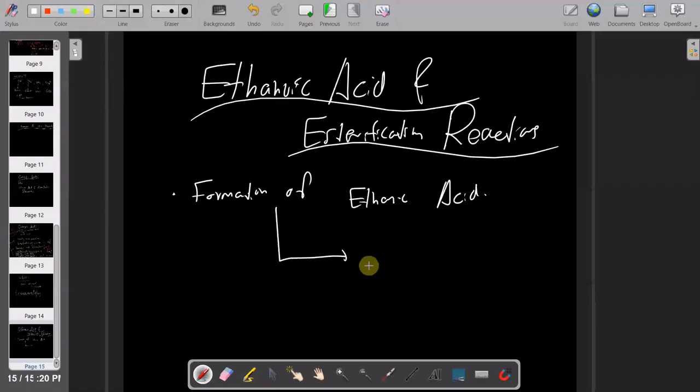One way is oxidation. Now oxidation is done through a natural process called fermentation. And the other method is oxidizing agents.